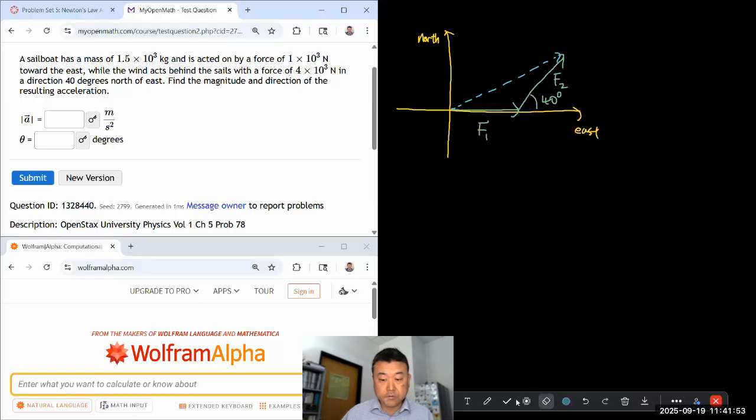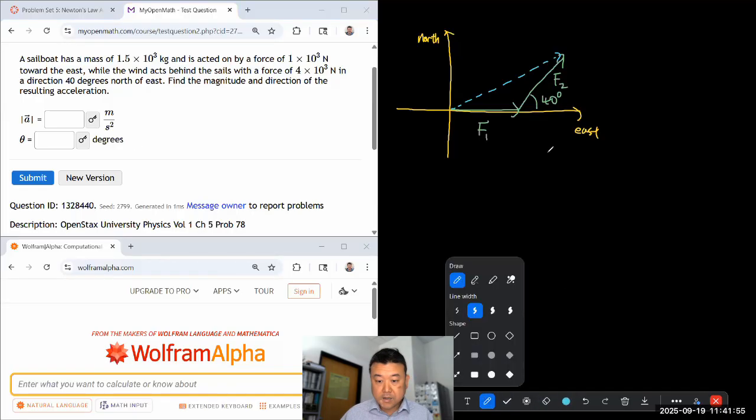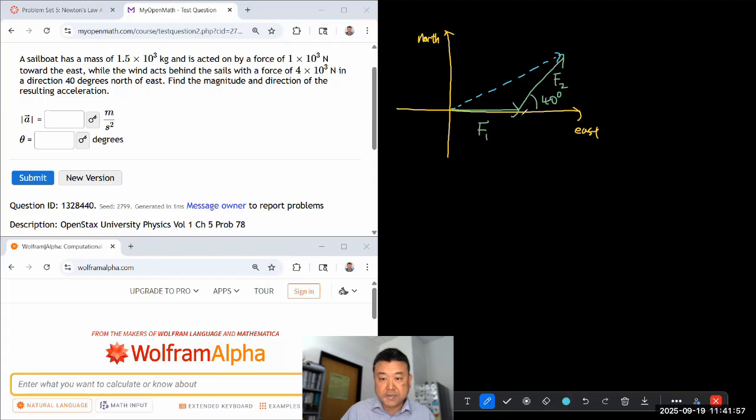To add the forces by component, I'll need to break F2 into the eastern component, F2E, and the northern component, F2N, and I can use SOH CAH TOA to break this down.